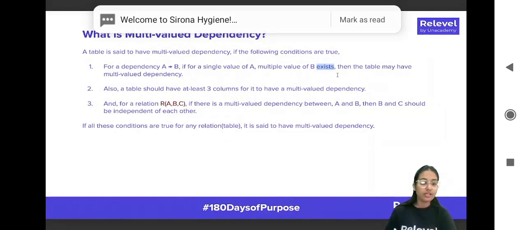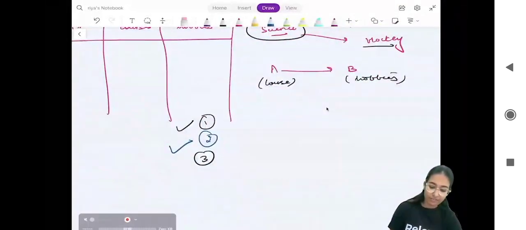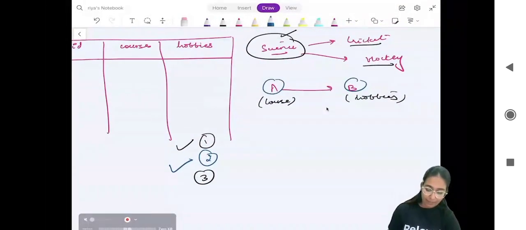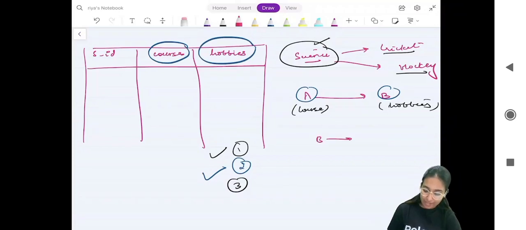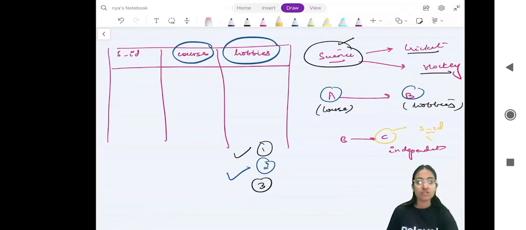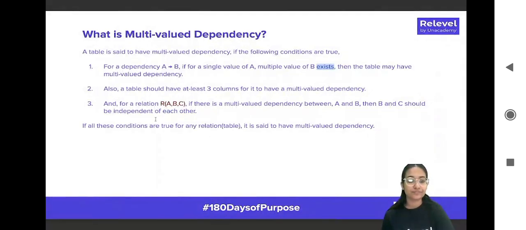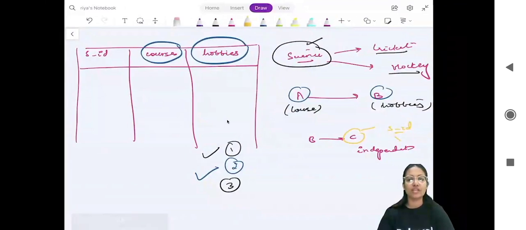Now the third condition says that if there is a multi-value dependency between A to B, that means there is a multi-value dependency from courses to hobbies, then it says that B and C should be independent of each other, where C is basically the student ID, which is actually true, right? That means B and C are actually independent of each other.